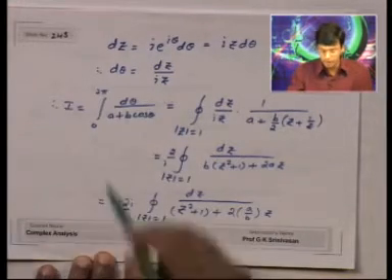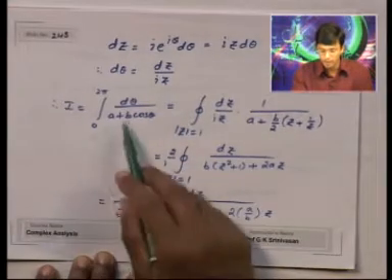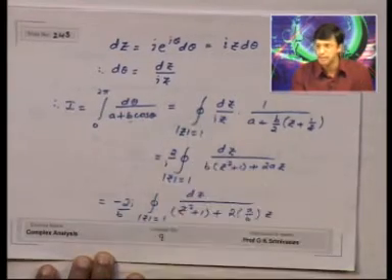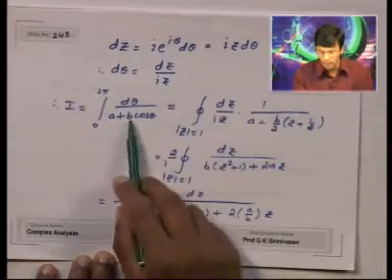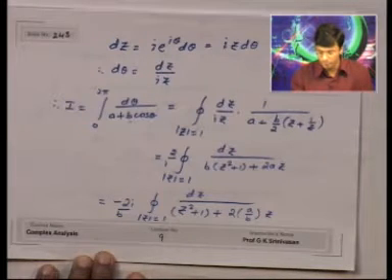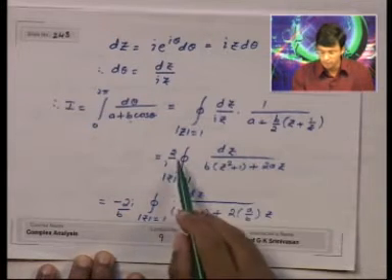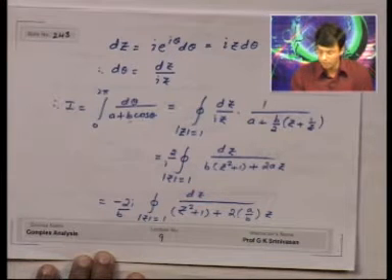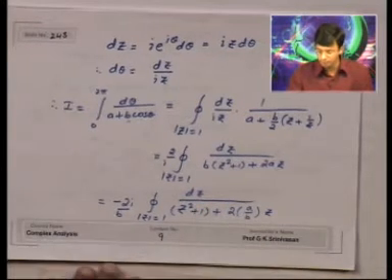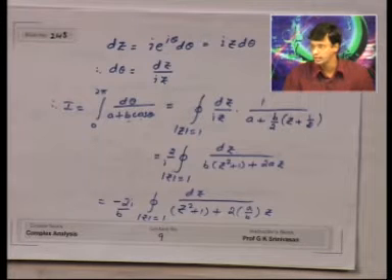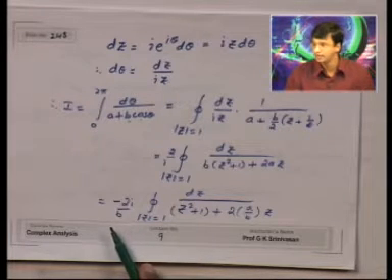So the integral of d theta by a plus b cos theta turns out to be dz by iz times 1 over a plus b by 2 into z plus 1 over z. After some algebra, it can be written as 2 upon i, integral over mod z equal to 1, dz upon b into z squared plus 2a over b times z plus 1, pulling the b out for convenience.